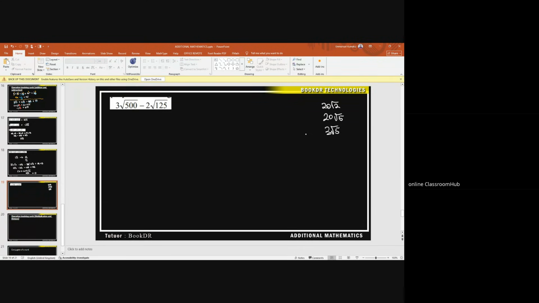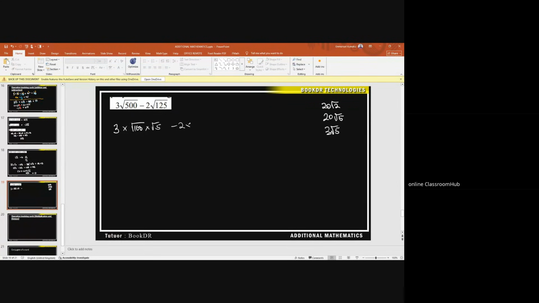So I'm muting the microphone for now. Let's all see which one is correct. So the 3 is here. We have to simplify. We know the 3 is multiplying the root 500, so I can write times. Root 500 can be written as root 100 multiplied by root 5. 100 is a perfect square.